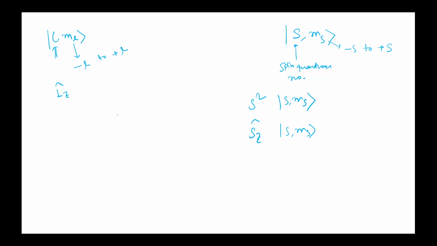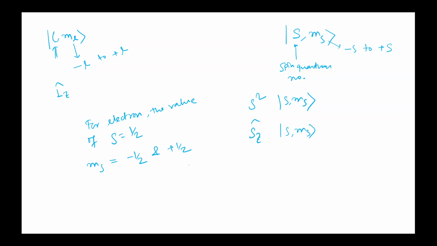Now it was found out that the value of s for an electron is half. So you have only two choices for ms, minus half and plus half. So you have two states.